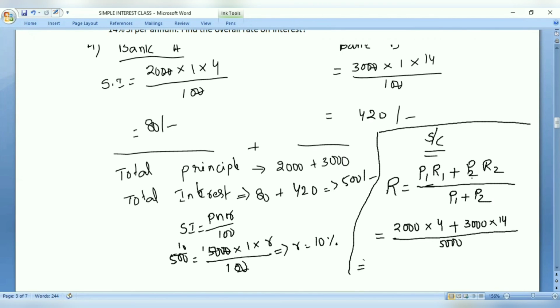So if you add them, 2000 into 4 is 8000, plus 3000 into 14 becomes 42,000, divided by 5000. So 42,000 plus 8,000 is 50,000 divided by 5,000. So the answer is 10. The effective rate of interest is 10%.